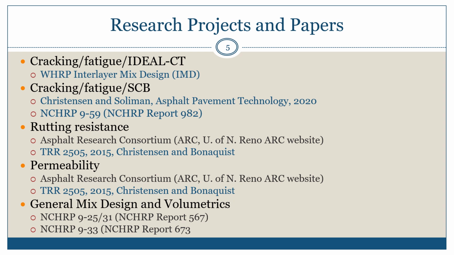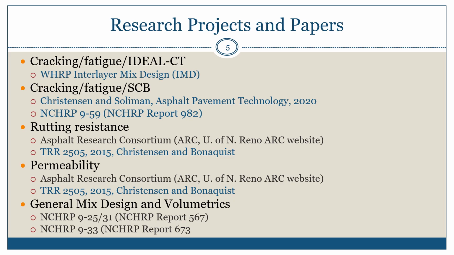The results of this research can be found in the final report from the Asphalt Research Consortium. You can find this on the University of Nevada website, where there is a section on the Asphalt Research Consortium work. You can also find a paper on this topic in the Transportation Research Record number 2505, published in 2015.